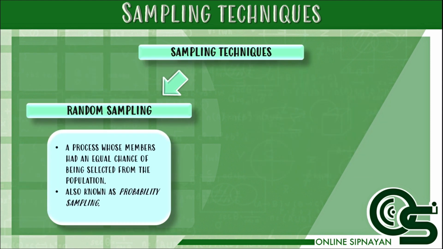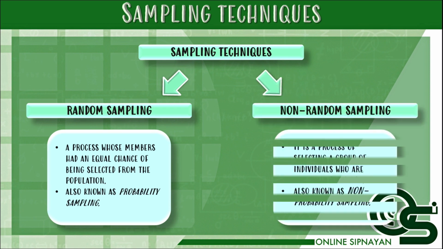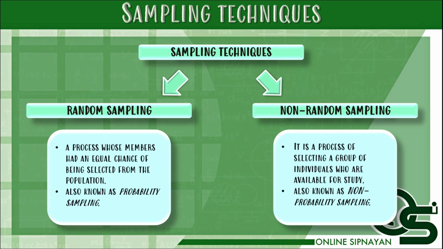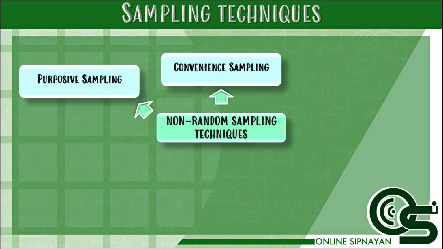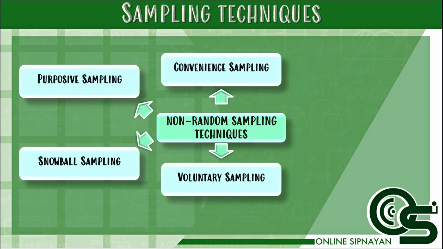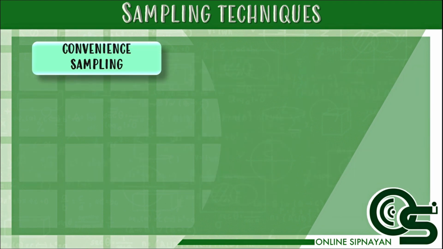Now, the second division, the non-random sampling. It is defined as a sampling procedure where samples are selected in a deliberate manner with little or no attention to randomization, also called non-probability sampling. There are 6 sampling techniques involved. Let's talk about the first technique of non-random sampling, which is the convenience sampling.